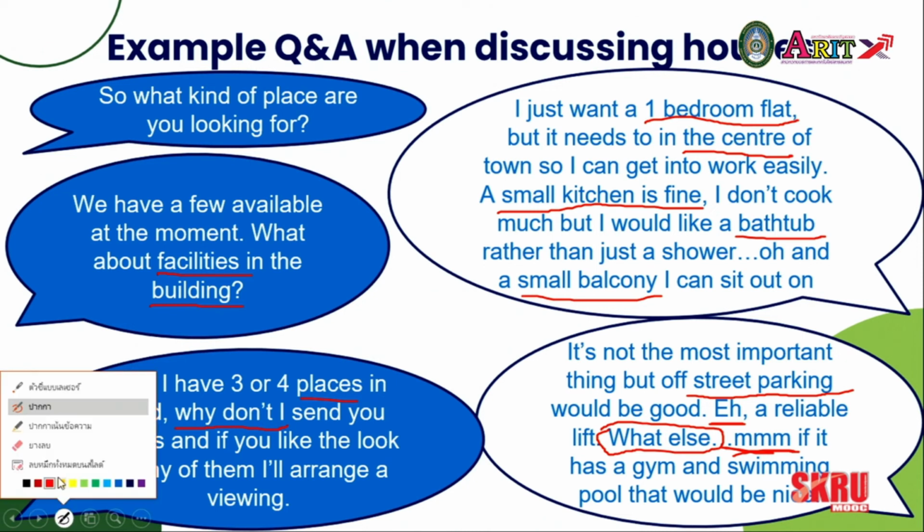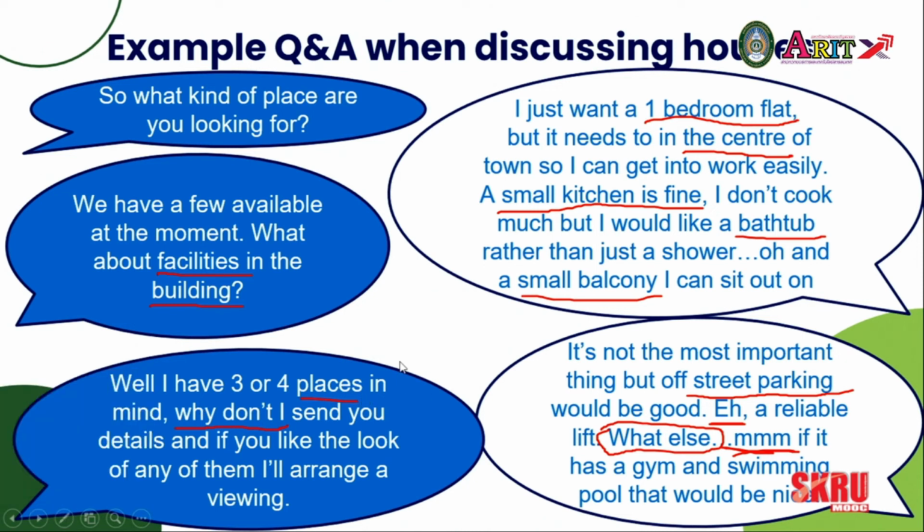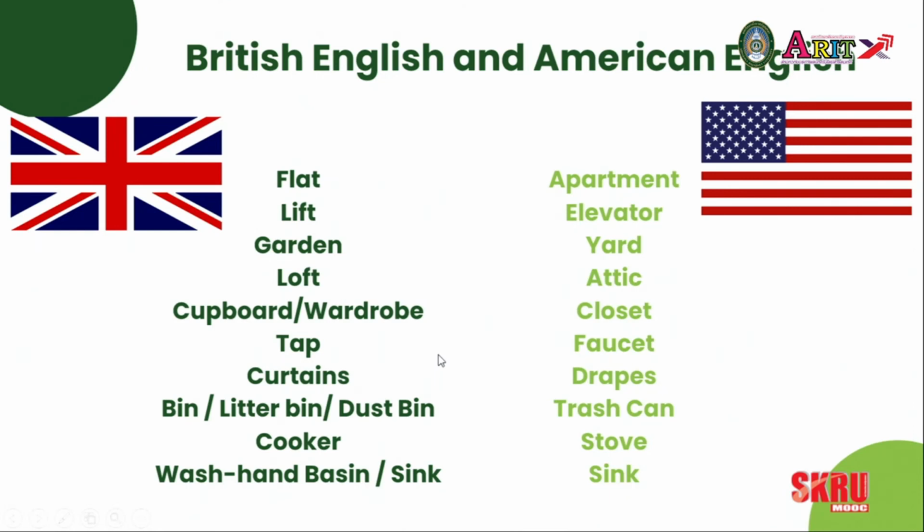So that's some examples of talking about a house. I already mentioned there are a few differences. If you grow up like me in the United Kingdom, Great Britain, then you'll speak British English. If you were in the United States, then you probably speak American English.